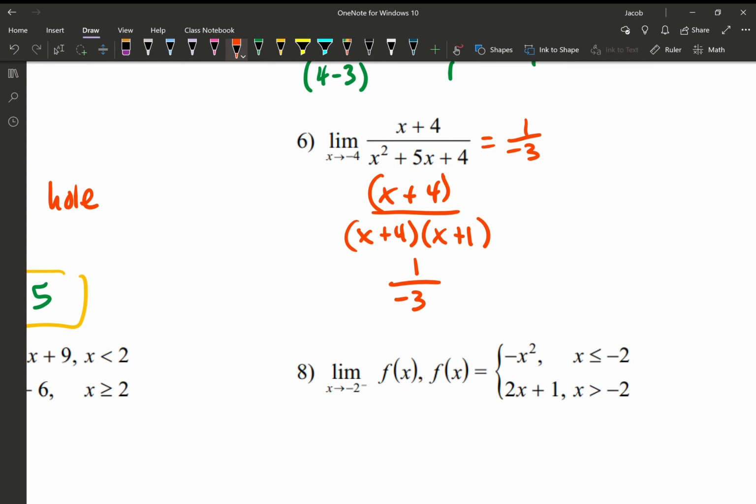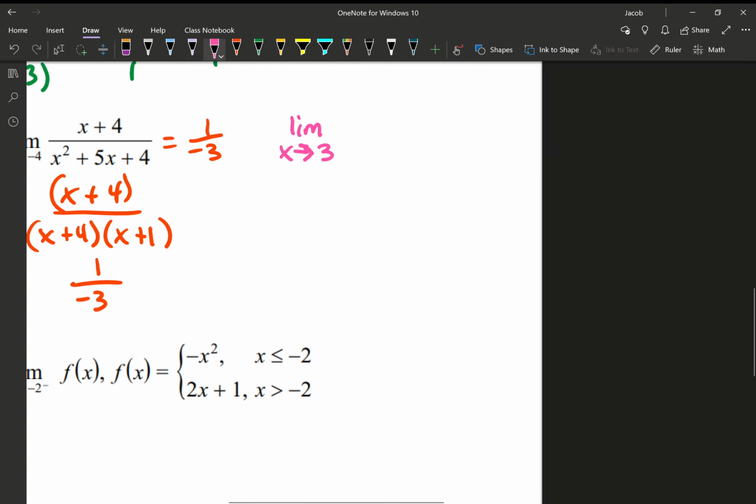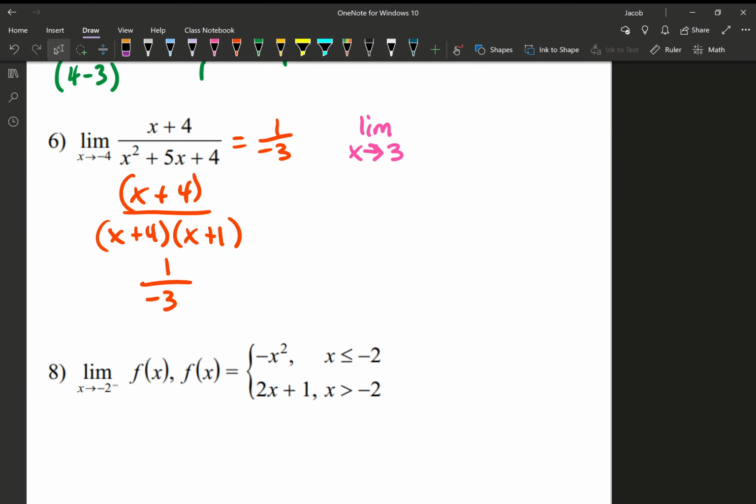I'm going to change this one, with the same function, to ask a different question. What happens if I ask you, as x approaches, let's just say 3, is 3 on this function, the x plus 4 over x plus 4, x plus 1, even a problem?